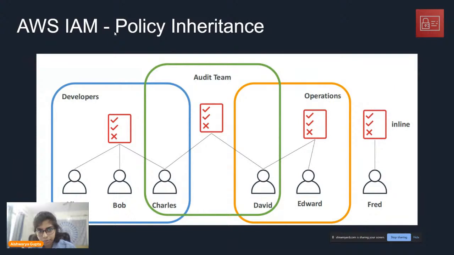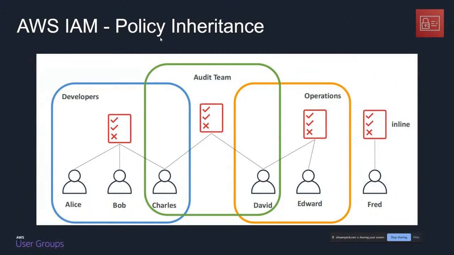Next, we come to IAM policy inheritance. Let's say in your project team, you have three types of engineers. There are developers, there are operations, that is DevOps, and there is an audit team. Now, there are some users in each team that would require a similar amount of access.